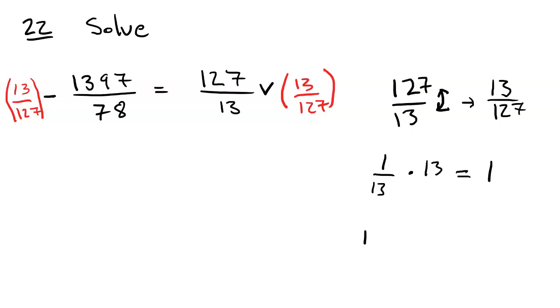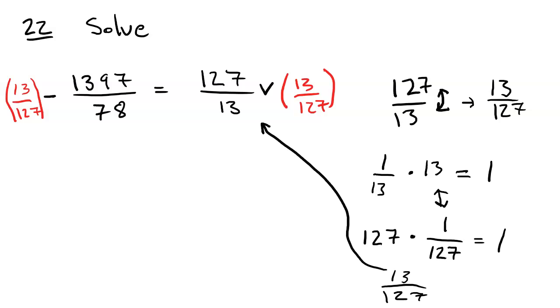And then we have 127. Its reciprocal is 1 over 127, because 127 times 1 over 127 is just 1. Then we just multiply these two reciprocals, and what we get is 13 over 127, which is just our original fraction flipped.